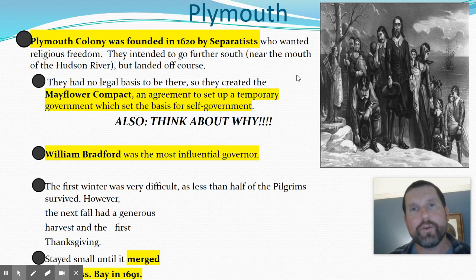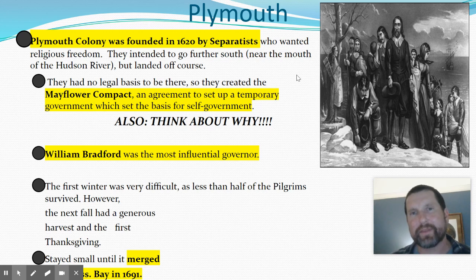But so here in the new land, between the Virginia House of Burgesses and the Mayflower Compact, you have these seeds of independence, democracy, the Puritans, the Quakers. You have a breaking away.